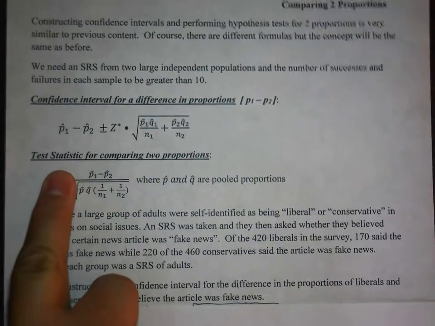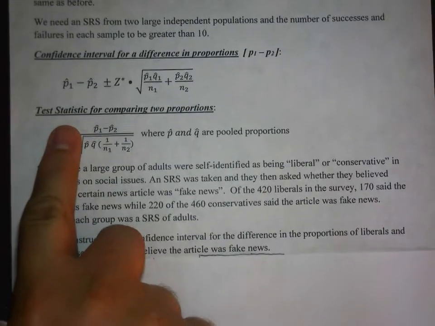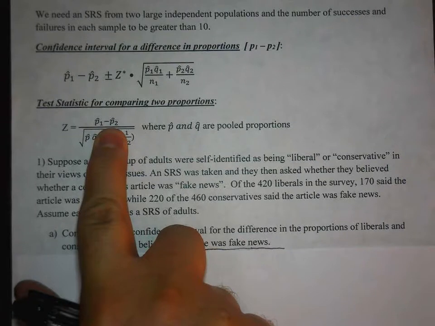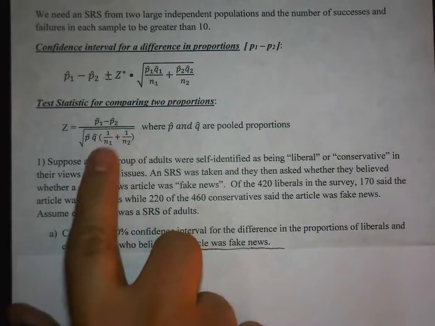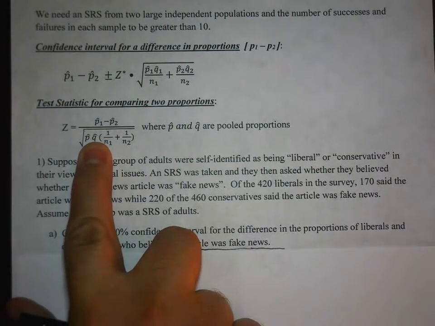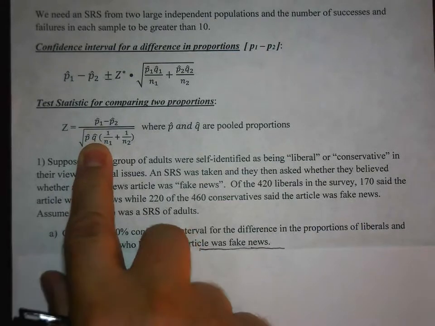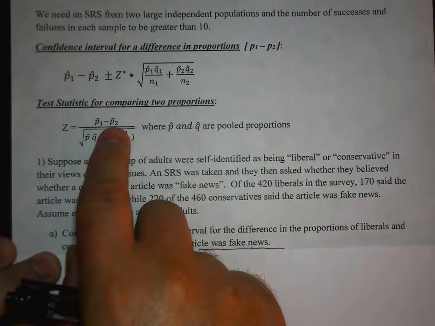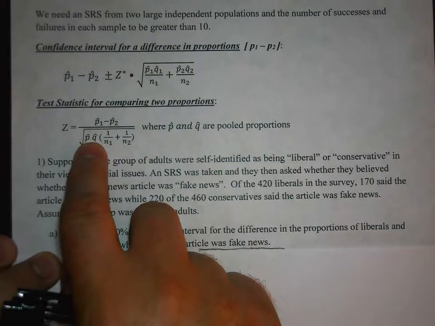The test statistic for comparing two proportions is a little bit different. You take the difference in the sample proportions, but then you divide by the square root of P hat Q hat. And this is probably one of the most missed things with any confidence interval or hypothesis test: people don't recognize the difference between P hat 1 and P hat 2, and P hat and Q hat.